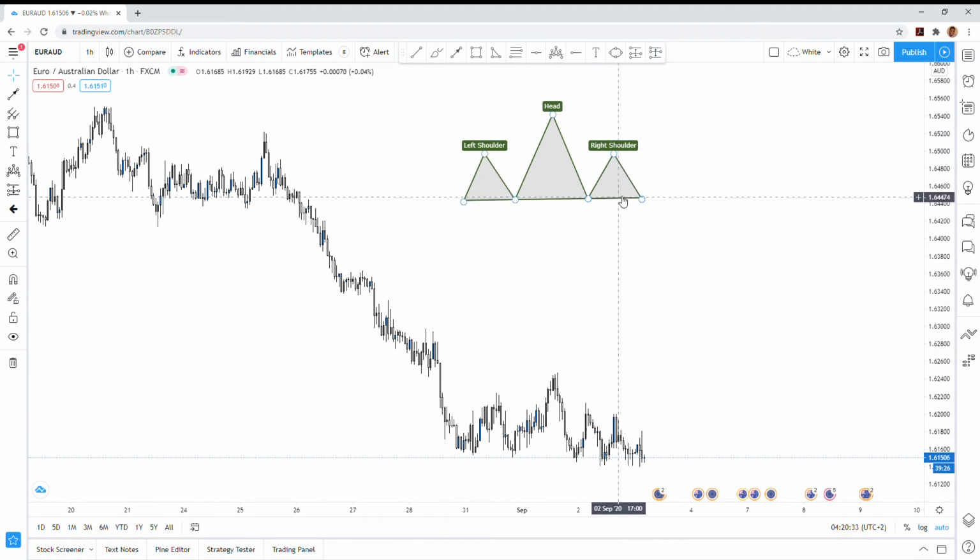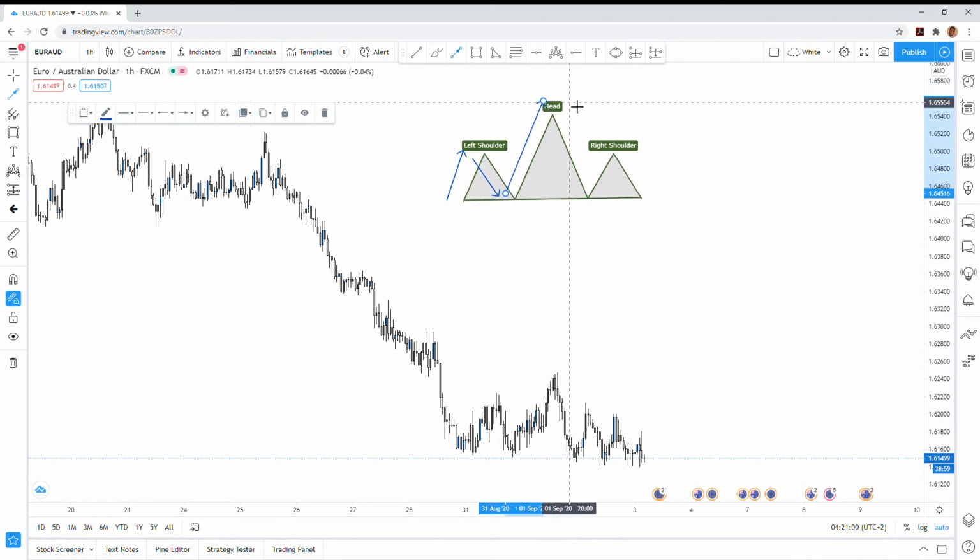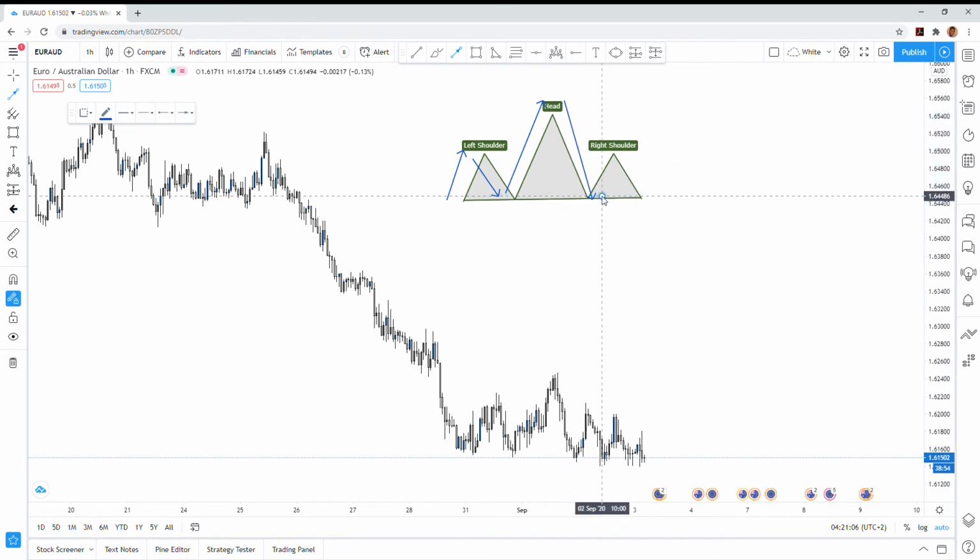A lot of traders actually like this pattern because it shows that there is no momentum to go to the upside. Price moved to the upside like that, came down like that, went back up, came down again like this, went back up, but then it failed to take this high, and then price came down.